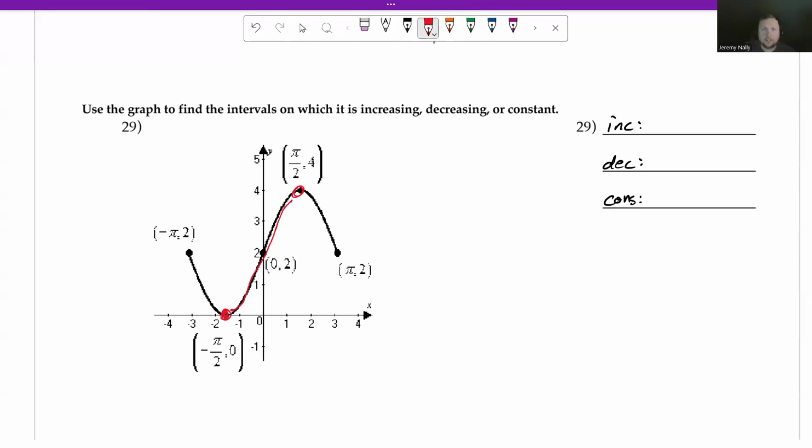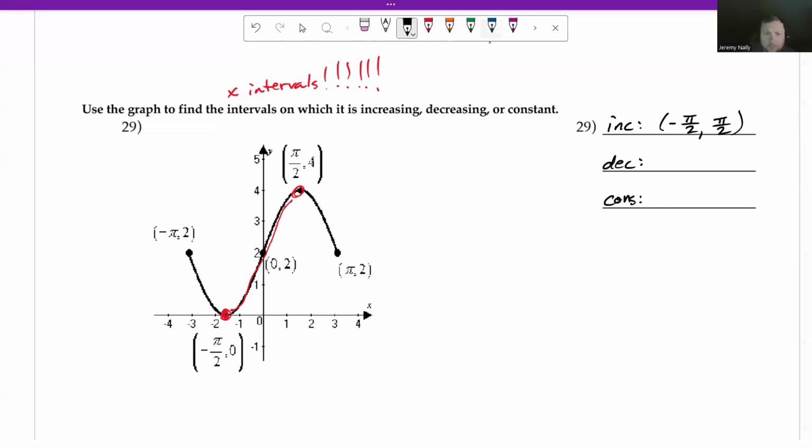And then these are always x intervals. So this is increasing from -π/2 to +π/2. So from one x value to the other.